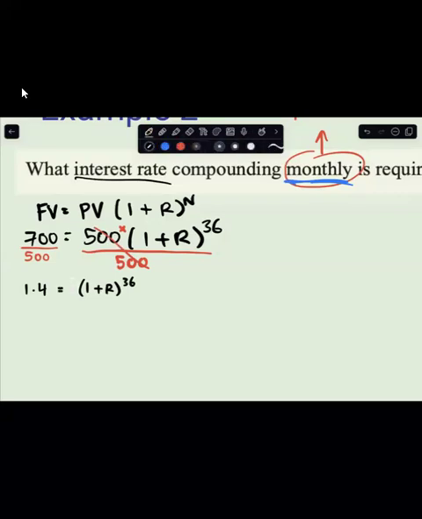Basically, it's the same rules as when you're getting rid of x squared. Let's say, for example, I got x squared equals 4. To make x by itself, I would have to square root it, right? Same rules apply, but in this case, rather than square rooting it, you're going to root it to the power of whatever the power is here. In this case, this power is 36.